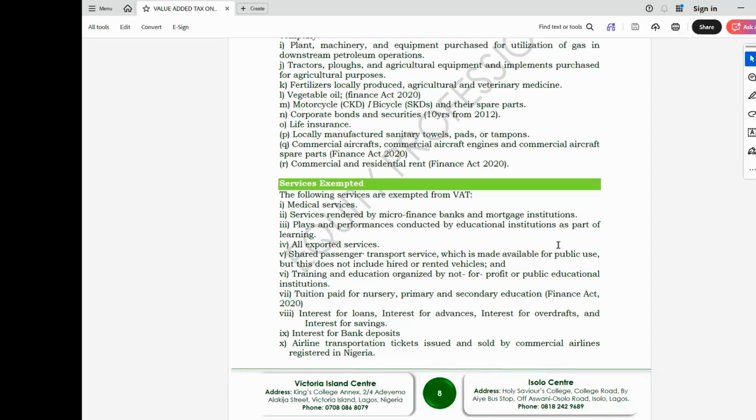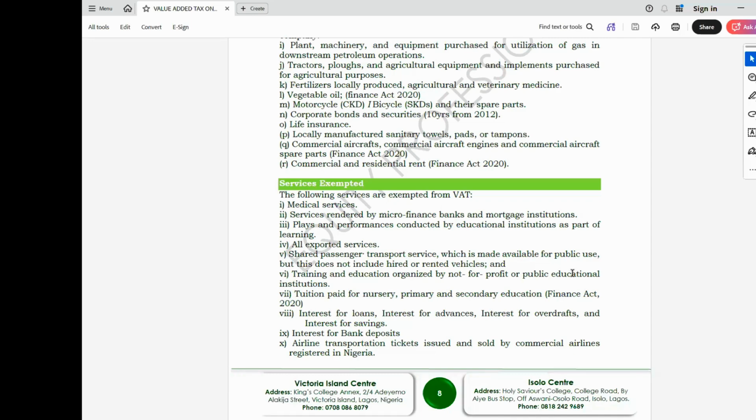Like your BRT buses that are usually provided for the benefit of the masses. Then we have training and educational services organized by not-for-profit or public educational institutions, which are also exempted from value added tax.